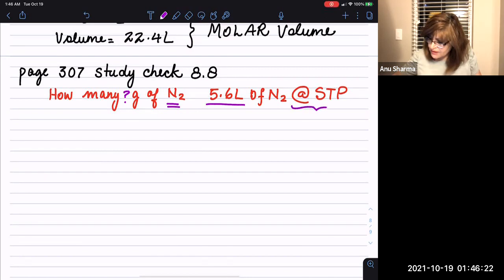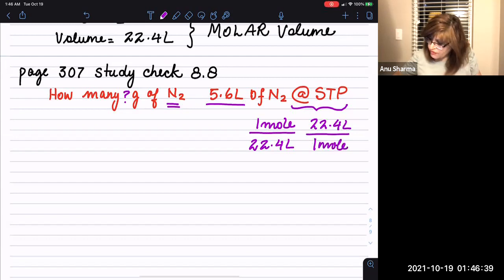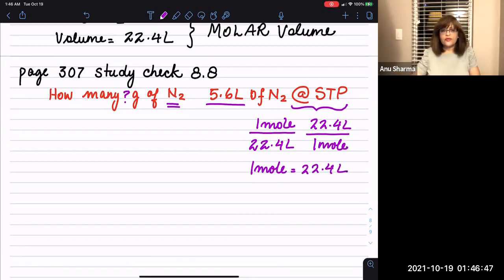Anytime something is at STP, it means that 1 mole of any gas is 22.4 liters. So that's our concept of STP.